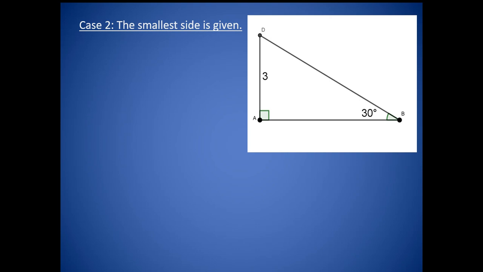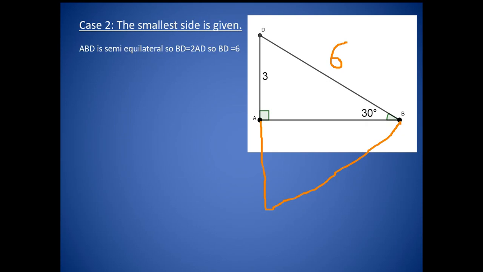It means that if this one is 3, then all the sides were 6, 6, 6. So I know that my hypotenuse is 6. Again, you notice the smallest is 3, the hypotenuse is 6. So the smallest side is all the time half of the hypotenuse. All the time my hypotenuse is double of the smallest side. Now I have two sides, 3 and 6. I can find the third one, also using Pythagoras.